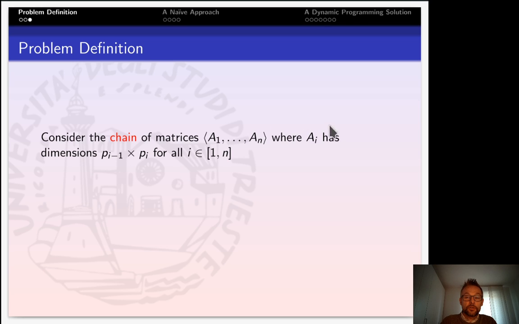So for every Ai, the dimension of Ai should be this one: p(i-1) is the number of rows of Ai, and p(i) is the number of columns.